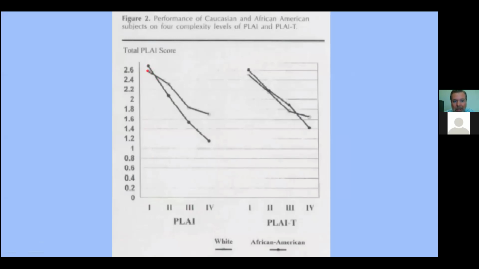And then as we go on, we see that the differences amplify, right? We see that as the items get harder, the white students had relative success compared to the African-American students. And when they administered the more familiar format, those differences disappeared.